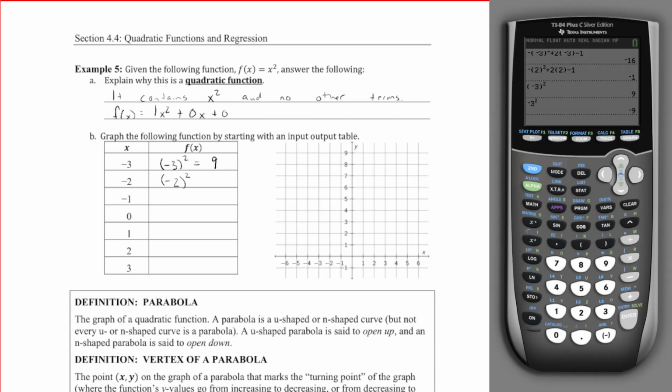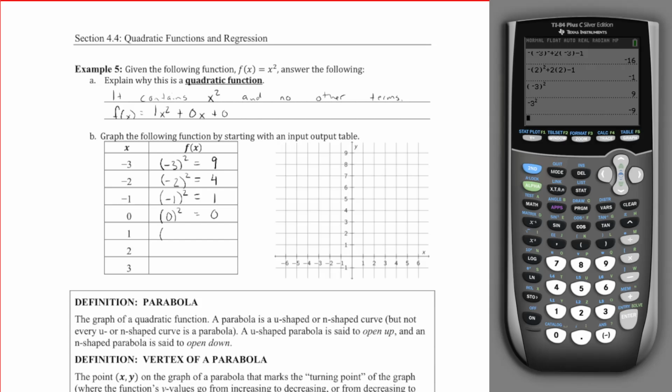That's negative 2 times negative 2. That's positive 4. When x is negative 1, f of x is negative 1 squared. That's negative 1 times negative 1 is positive 1. When x is 0, f of x is 0 squared. That's 0 times 0 is 0.